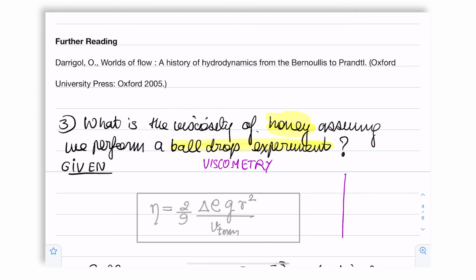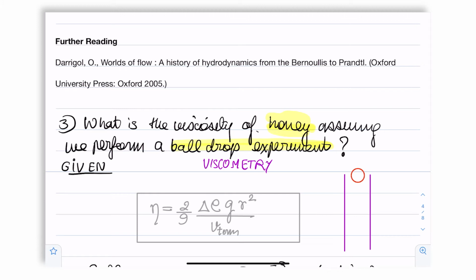If you recall, the idea of the ball drop viscometer is a simple one. There is a ball that we allow to fall through a column of fluid.